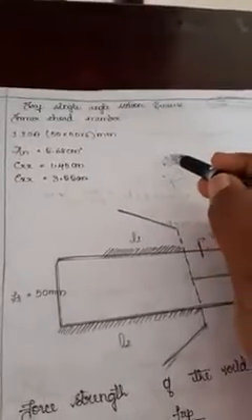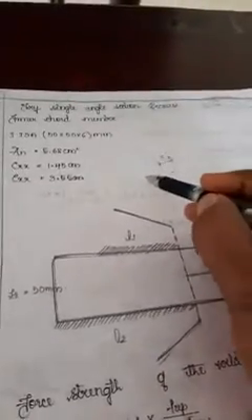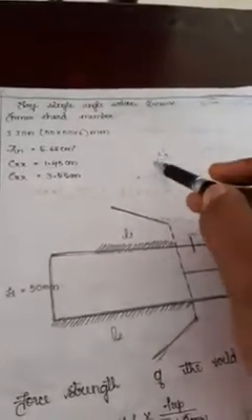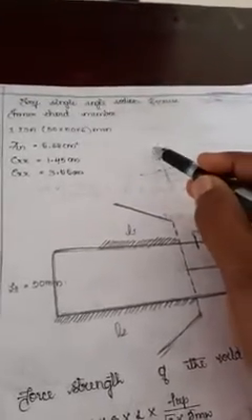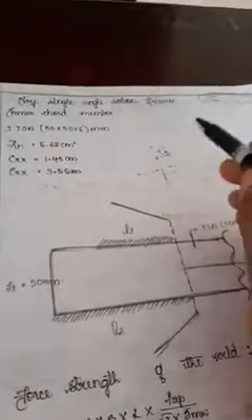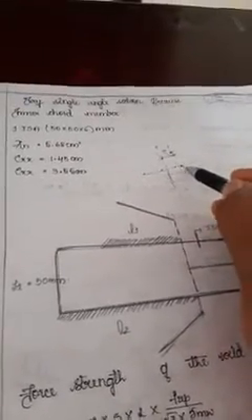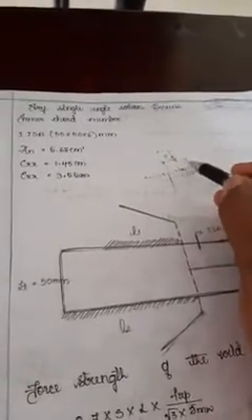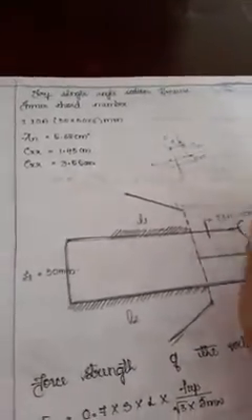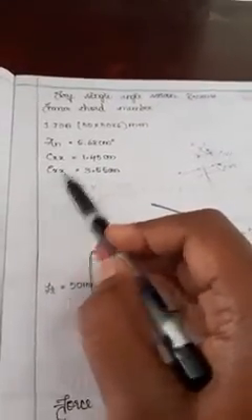Suppose the force is acting over here, and this is your center of gravity, that is your neutral axis. So the force which is away from the neutral axis, we call that distance the eccentric distance. In the same way, here this part is Exx and this part is Cxx. For that reason you need to take your Cxx value and the Exx value also.